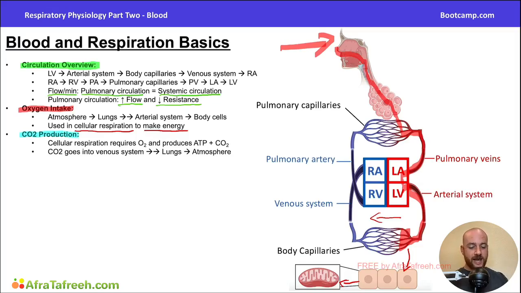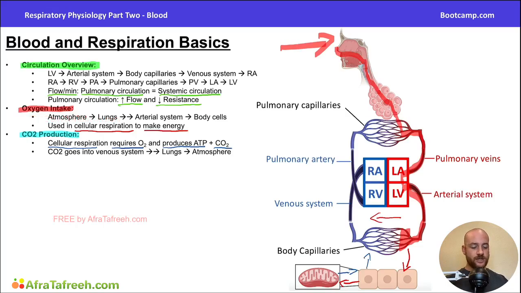All right, so now let's go over CO2 production. So like we just said, cellular respiration requires oxygen to produce energy in the form of ATP, but it is also going to be producing a byproduct called CO2 or carbon dioxide. And so that CO2 byproduct is going to be produced within the cells, and it's going to be released from the body cells into the body capillaries.